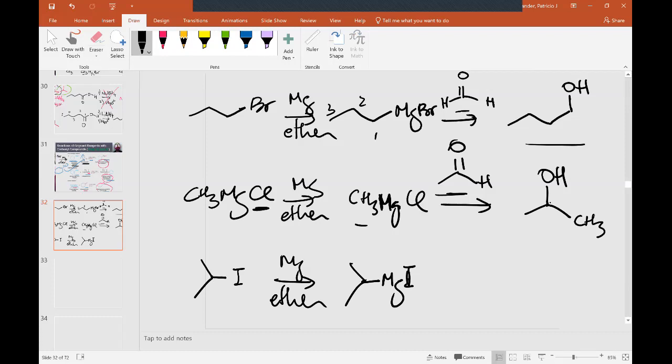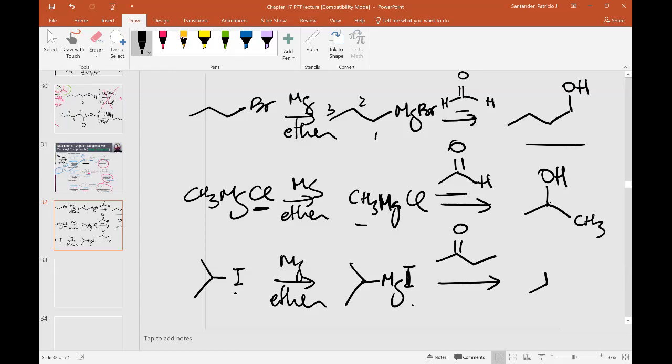I need to be consistent with the halide. And then if I use the iodide, I get the magnesium iodide. And let's say that I react this with a not very symmetrical ketone. So that is 2-butanone. So what do I get? I will get that, plus in this carbon atom, I will have the addition of the isopropyl group that came from the Grignard reagent. So there you go.